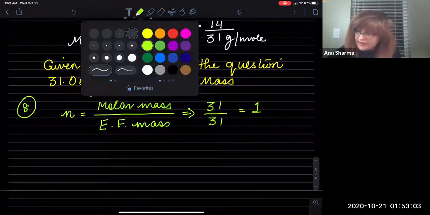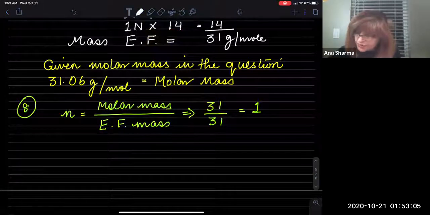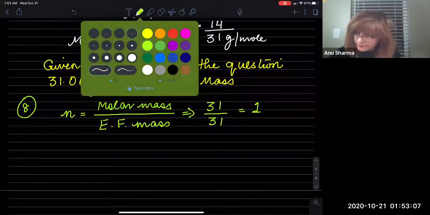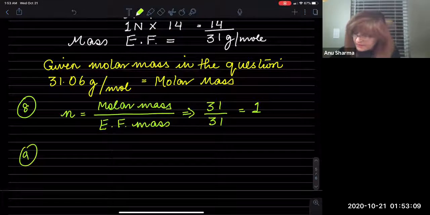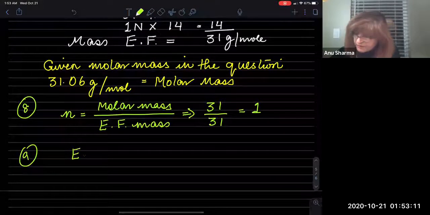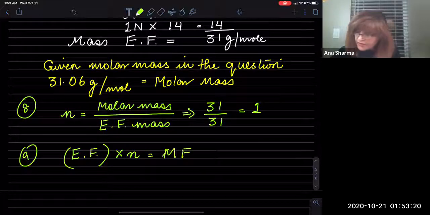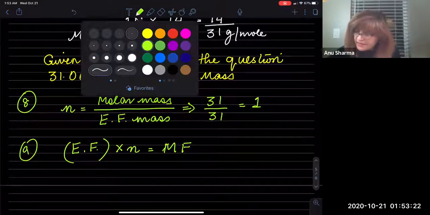Okay, so next thing you're going to do is put this number in. The empirical formula times the value of N, which is 1 in this case, is equal to the molecular formula. So in other words, that's your last piece right here.